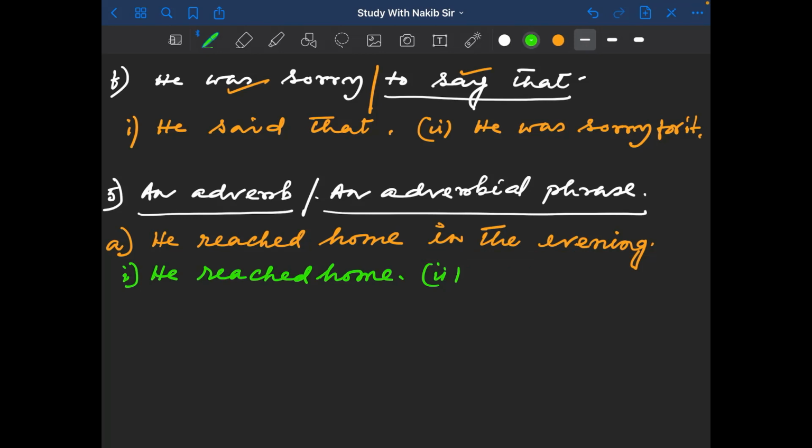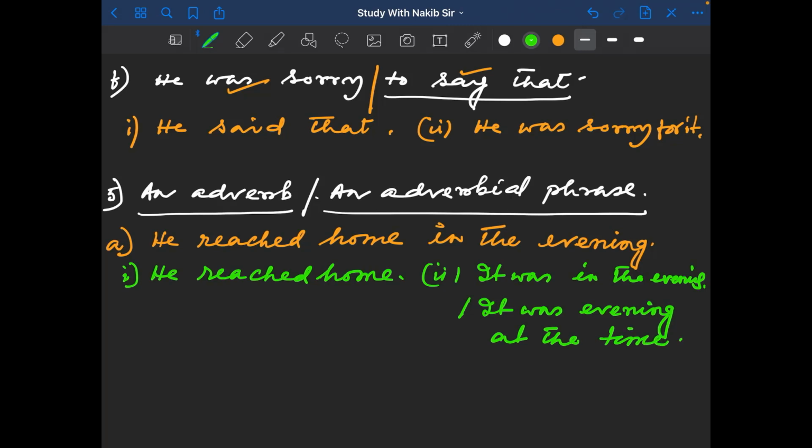Okay, so in the evening, that means it was evening, or in the evening. You may write, or you may write it was evening at the time.